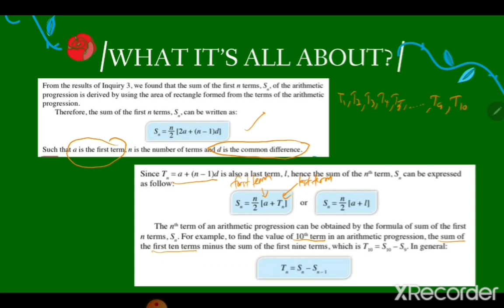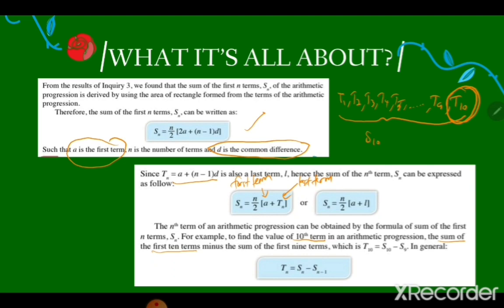So we have 10 terms here. When we talk about Sn, we are talking about the addition from the first term until the 10th term. So this is what we call S10. How can you find only this part, the 10th term?